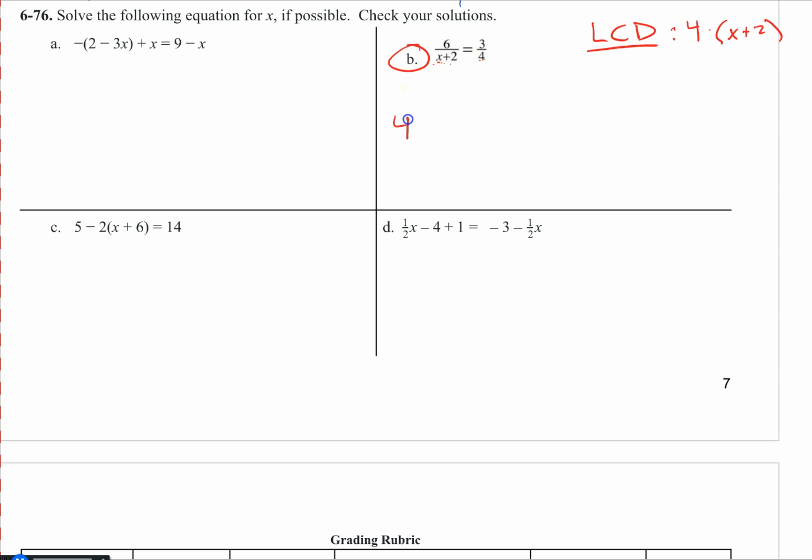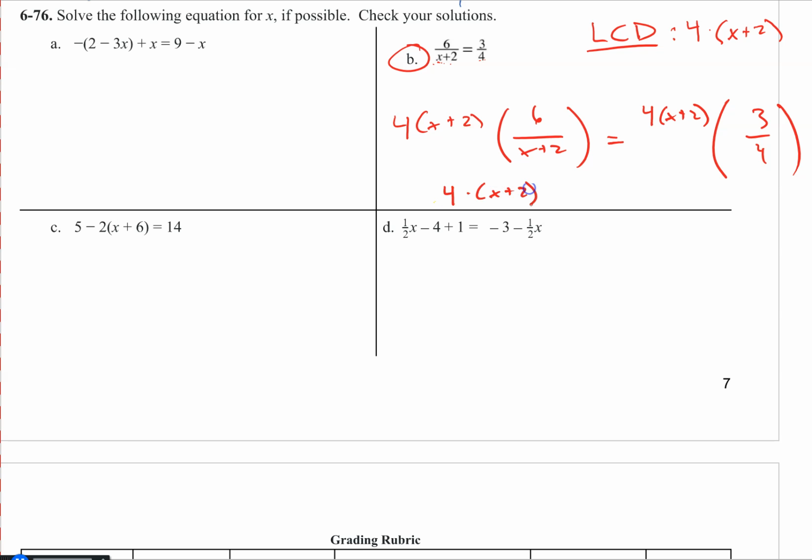And then let's multiply both sides by 4 times x plus 2. Alright, so 4 times x plus 2 times 6. So that's 4 times x plus 2 times 6 all over x plus 2 equals 4 times x plus 2 times 3. And that's all over 4.